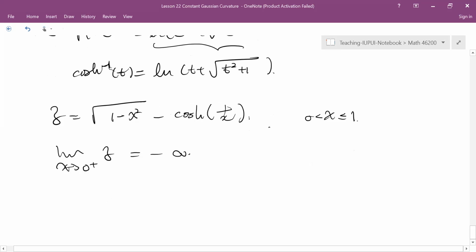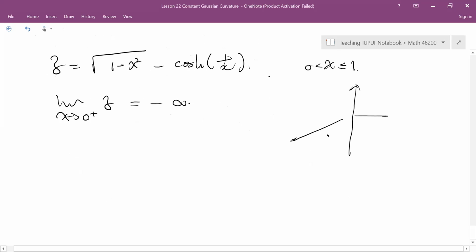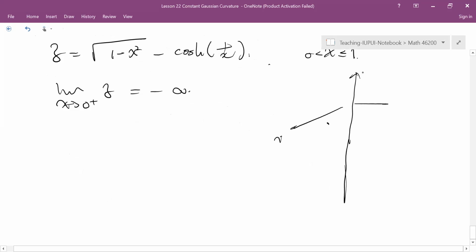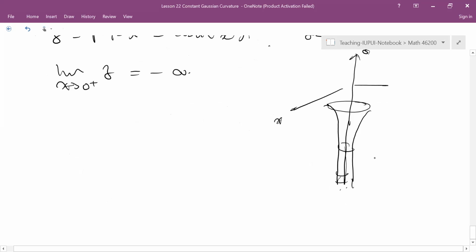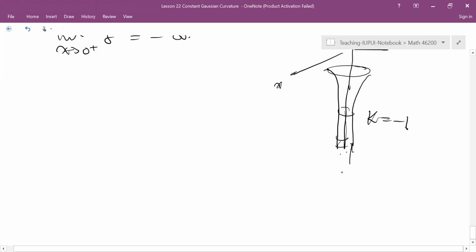Now we have a curve in the XZ plane, completely determined by this equation, and then you rotate this curve around the z-axis, and you get a surface. This surface has constant curvature -1, and it goes to infinity. Right. Yeah, this is an interesting surface.